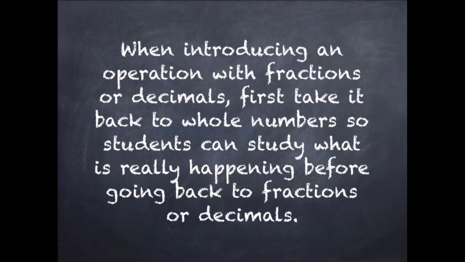So a big piece of advice for the operating phase is that when you're introducing an operation with fractions or decimals, you need to first take it back to whole numbers so students can study what's really happening before going back to fractions or decimals. A big example of this is 1/2 times 2/3. We might just simply multiply across the top and the bottom, get 2/6, and then reduce that down.